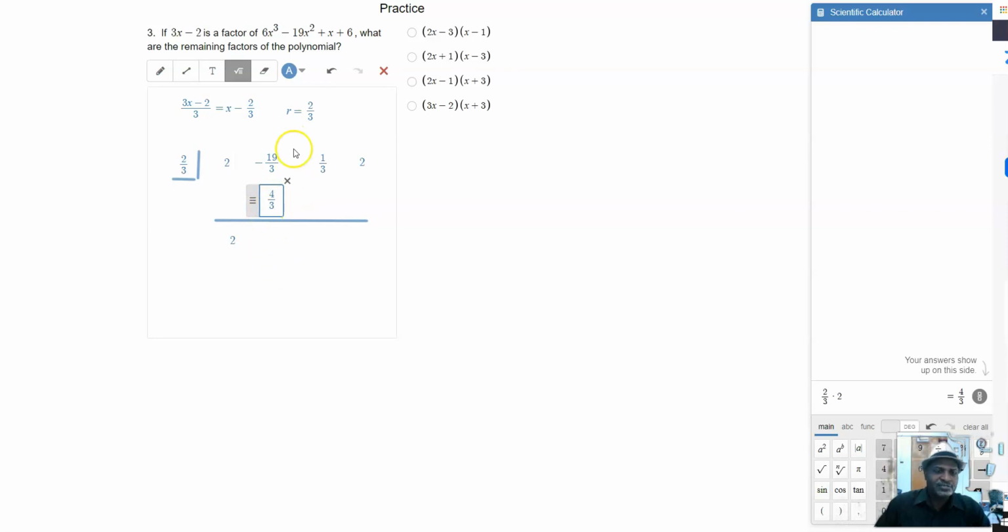Now I've got -19/3, and I want to add 4/3 because we're adding. You'll see that that is actually just equal to -5.